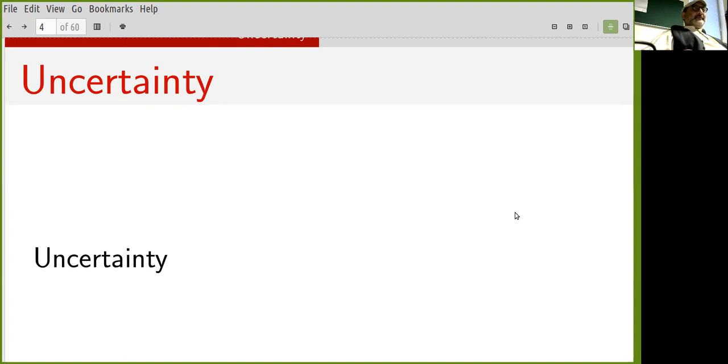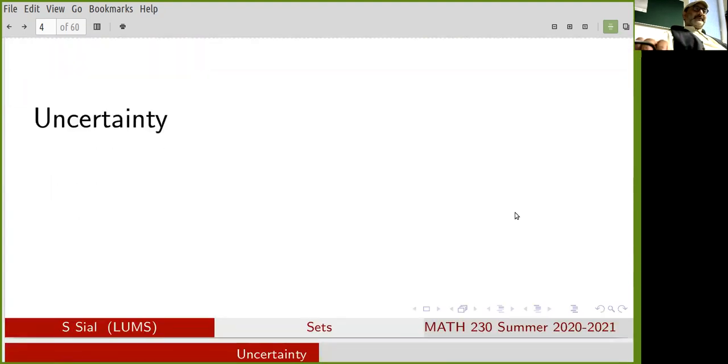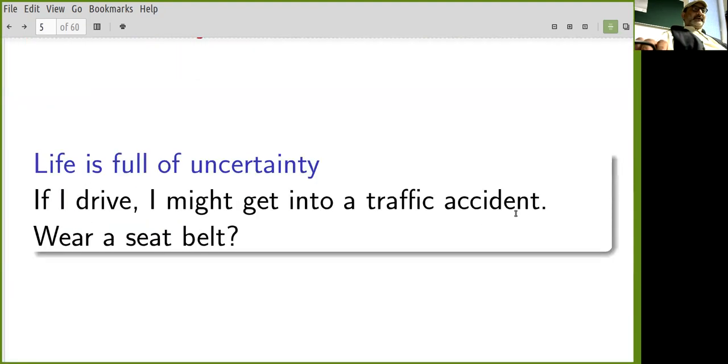Okay, but what's the idea of it? Why are we trying to do this? Well, because everything in real life involves uncertainties. So for example, if I'm driving a car, I might get into a traffic accident, right?